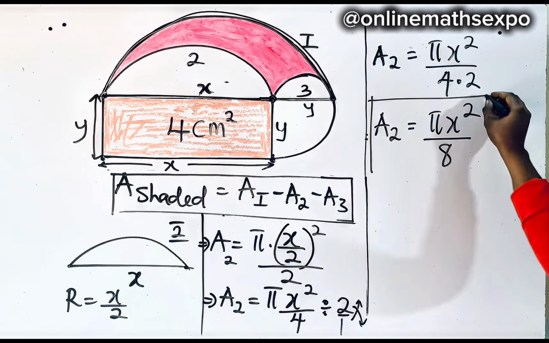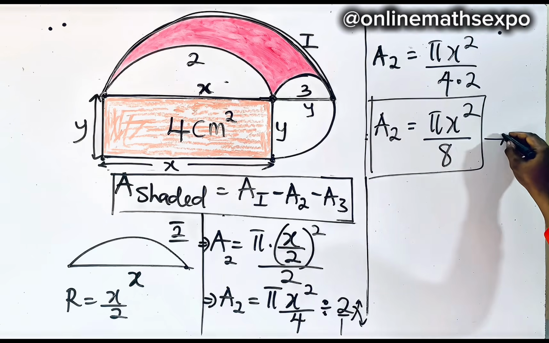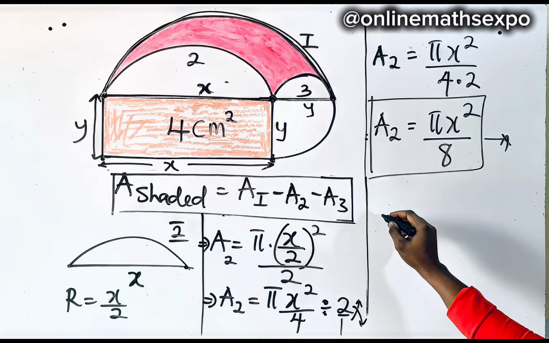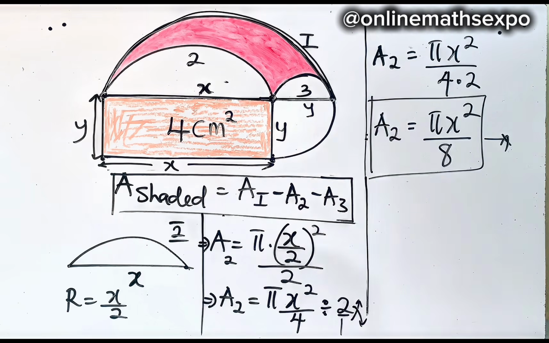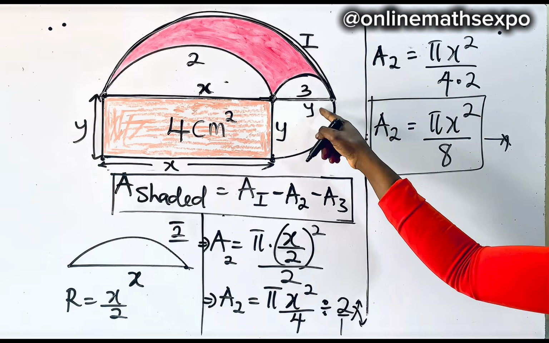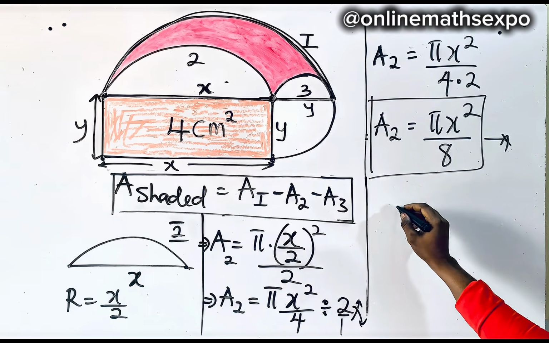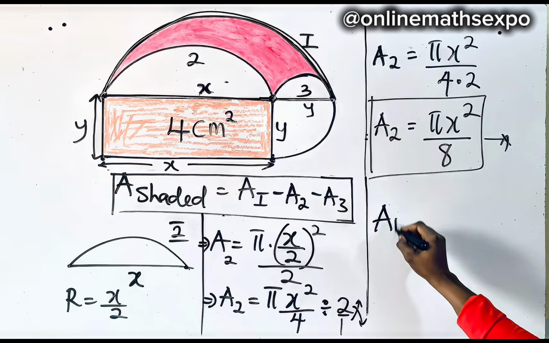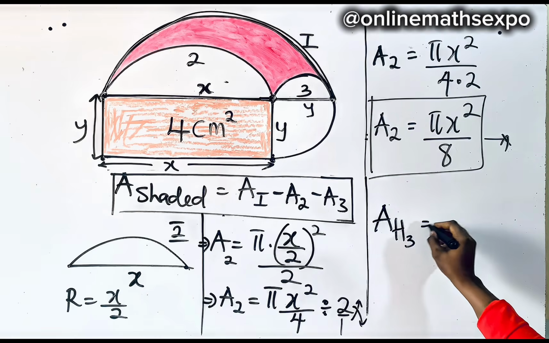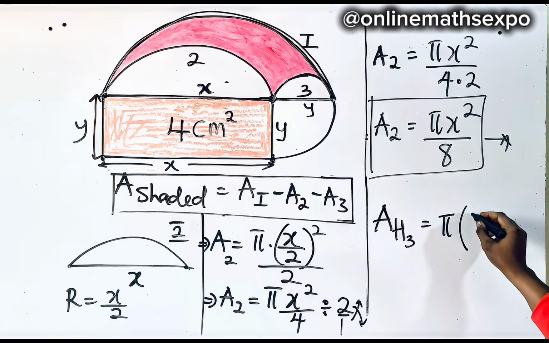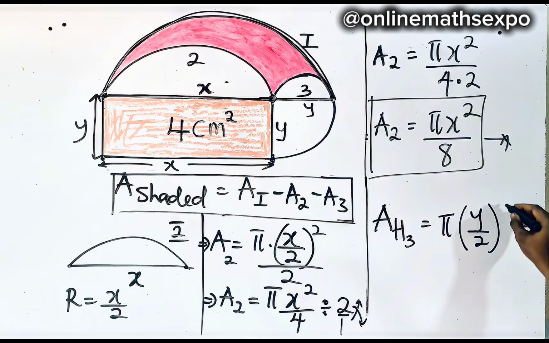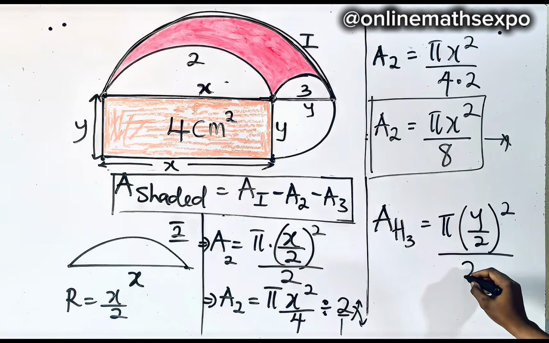We are going to leave this and then get the area of the last half circle. Then to do that, we have it that this is the half circle. You see from here to here is the diameter. So for us to find the radius, for half circle 3, the area of the half circle 3 will be π into, divide this by 2, you have (y/2) squared, and then divide by 2.